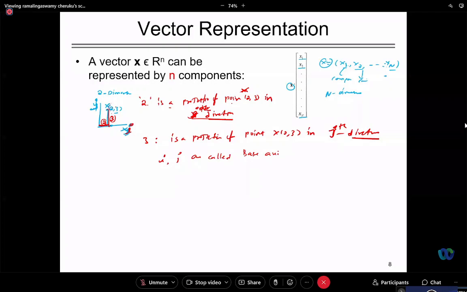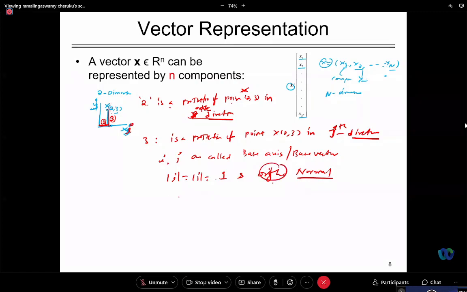Another important thing is that i comma j are called base axes or base vectors, and the mod of i is equal to the mod of j is equal to 1, and they are orthogonal or orthonormal, meaning perpendicular.